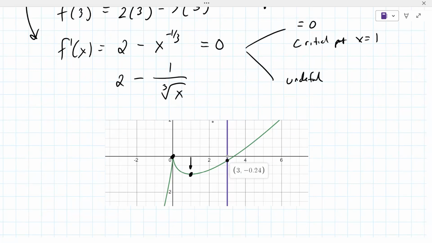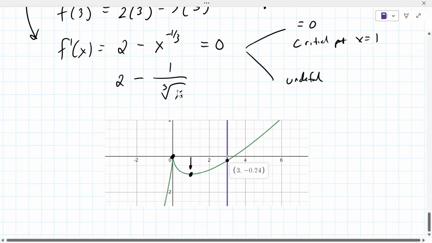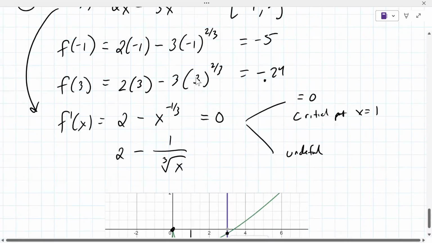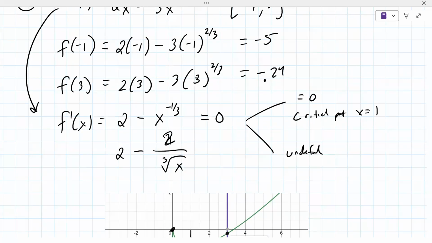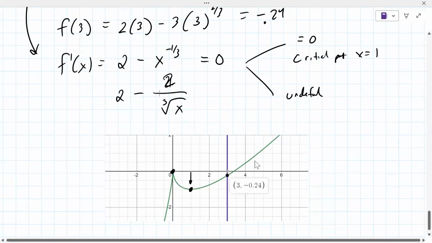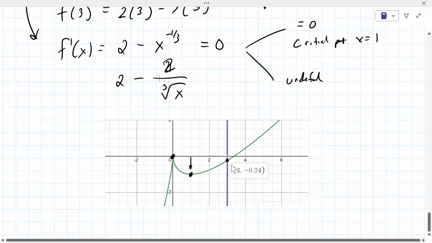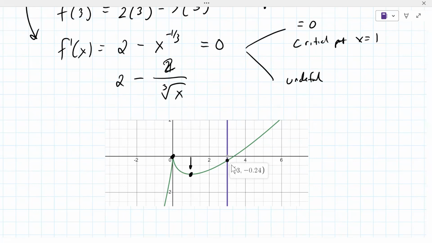Wait, I didn't, hold on. Why didn't I do that? I made a mistake. Isn't the derivative 2x? Yes, there's a 2 there. Thank you. And then I'm making that equal to 0. So 2 minus 2 over... Wait, why am I making it a radical?